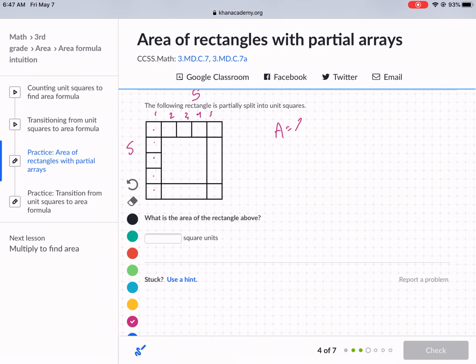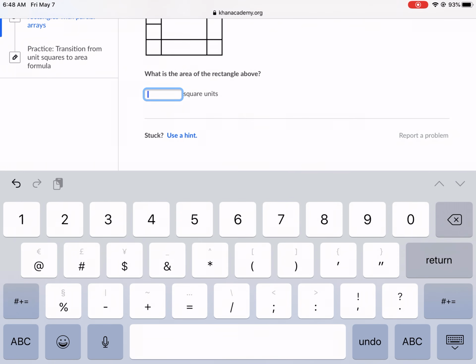So area of a square is length times width, or area equals a side squared, or a side times itself, S times S, because for a square, the sides are the same. So we get 5 squared, or 5 times 5. Both answers give us 25 square units. And if you were to count all the squares, you would get 25 square units.